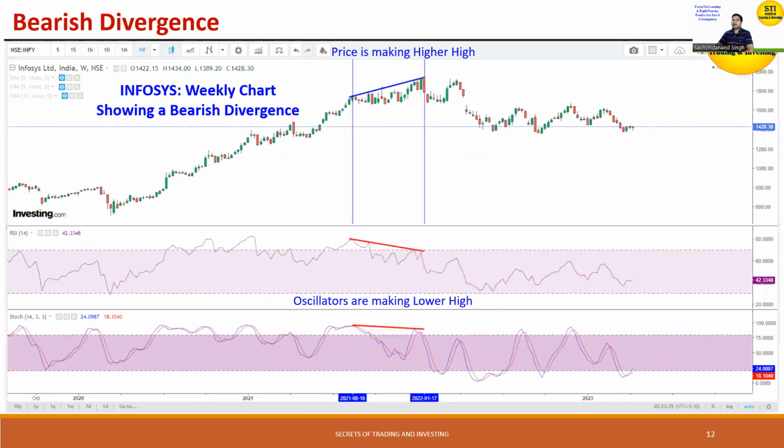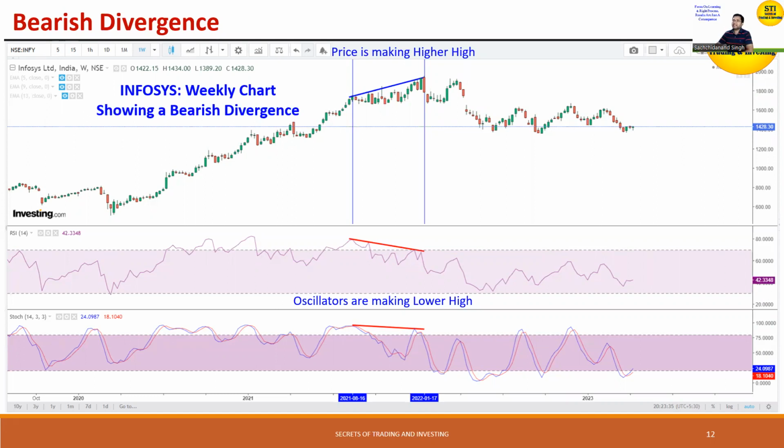Now the next one is the bearish divergence. It's a similar concept, but just the opposite. In the bearish divergence, first of all, it will happen in an uptrending market, or when the market behavior is uptrend.